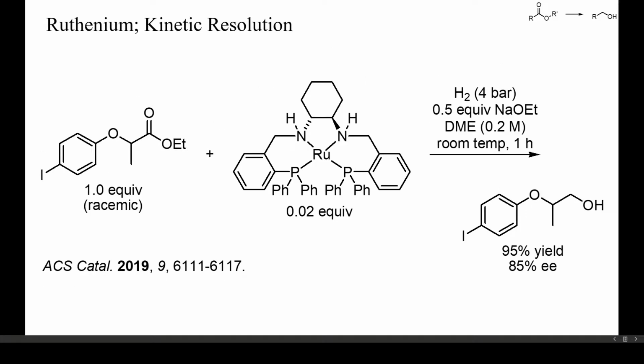Here, an enantiomerically pure aminophosphine ruthenium complex catalyzed the hydrogenation of an aryl iodide containing ester without any carbon-iodine bond cleavage. Moreover, one of the 2 enantiomers of the racemic starting ester was hydrogenated faster than the other enantiomer. Because the sodium ethoxide caused the steady racemization of the starting ester, but not of the product, an enantiomerically enriched product was obtained.